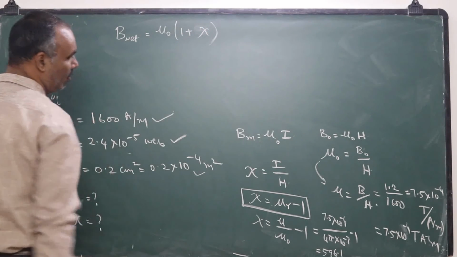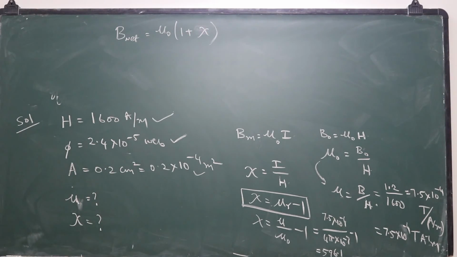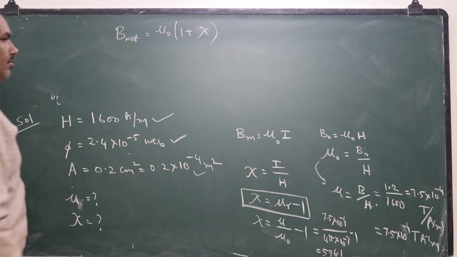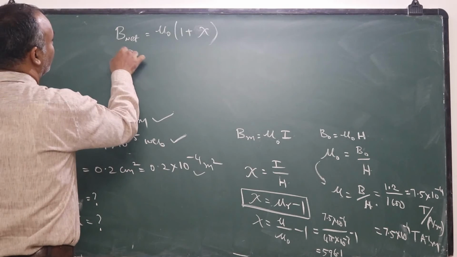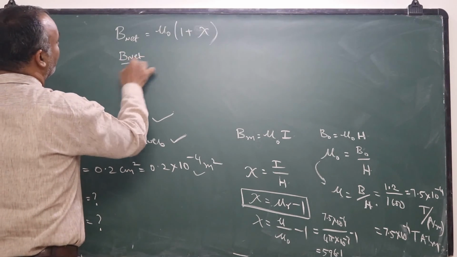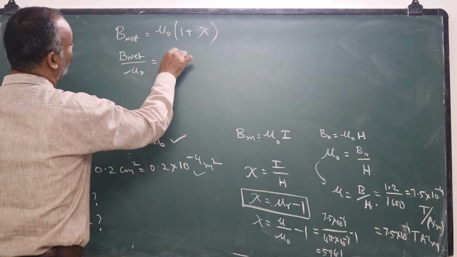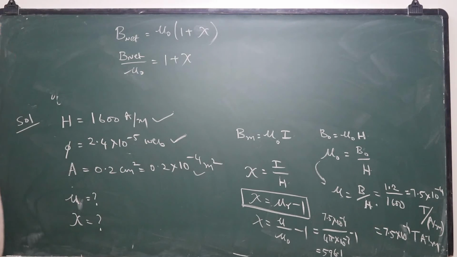So B net by mu naught is equal to 1 plus chi.